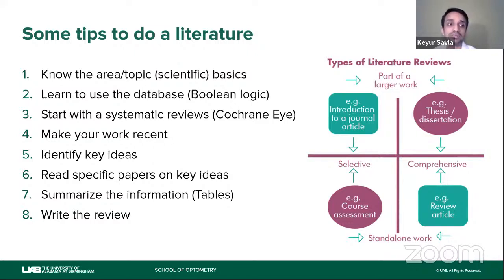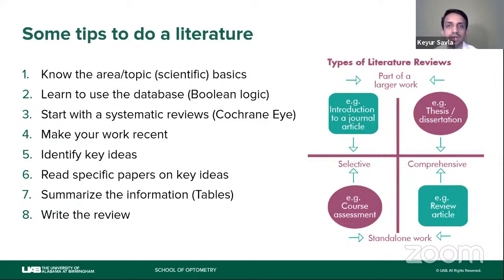The next is to use a database, probably PubMed, as I said. And as a student, I had the disadvantage of not knowing what Boolean logic was. Boolean logic, if you've come across it, is nothing but the words AND, NOT, and OR. Using these words between two topics, in capitals, in any kind of search database will give you different outcomes.